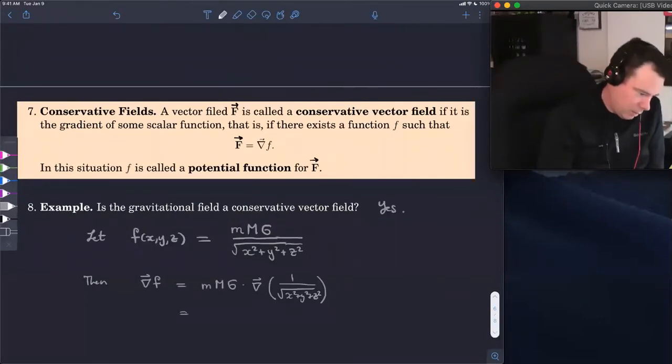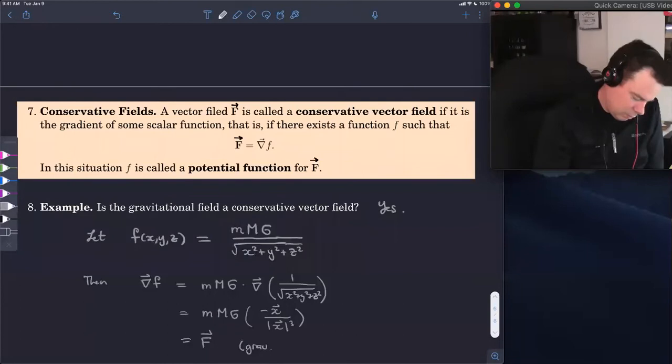We know the gradient of 1 over the square root of x squared plus y squared plus z squared is equal to negative x over the magnitude cubed. And that is equal to capital F, the gravitational force vector field.